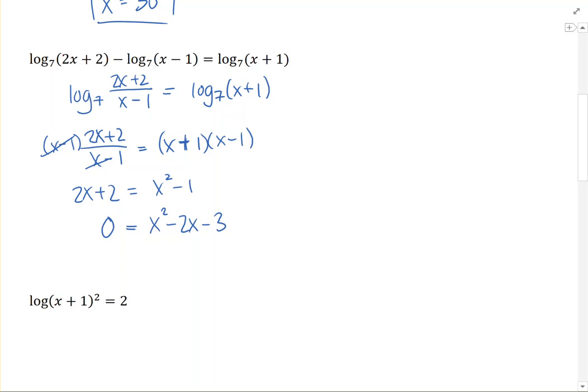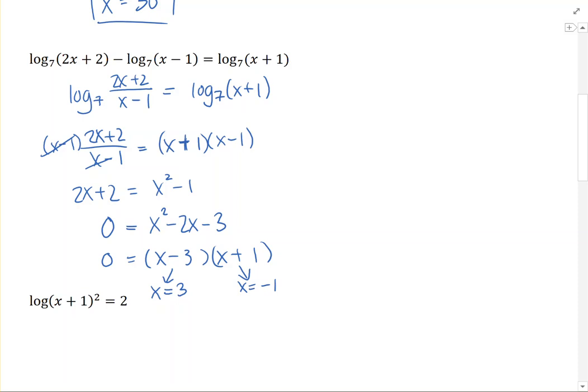And here we can see that we can factor this: it's (x minus 3)(x plus 1). From here, we can see that in the left bracket x equals 3, and here x equals -1.